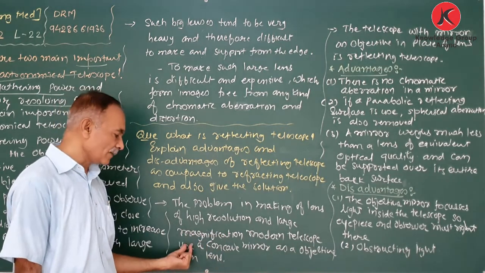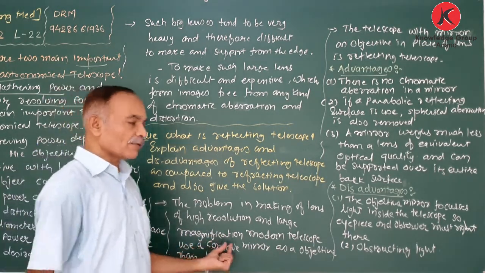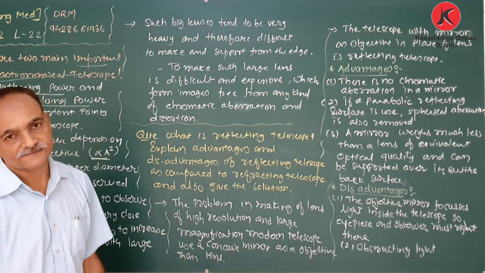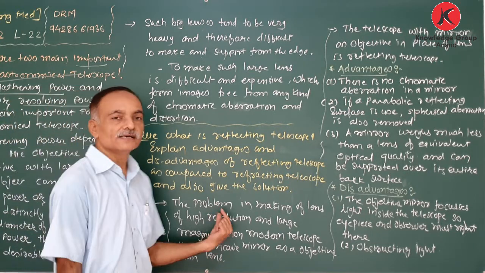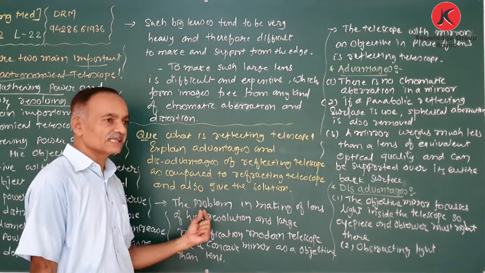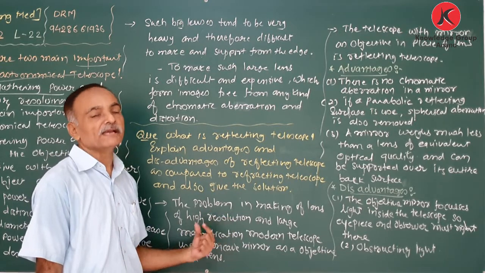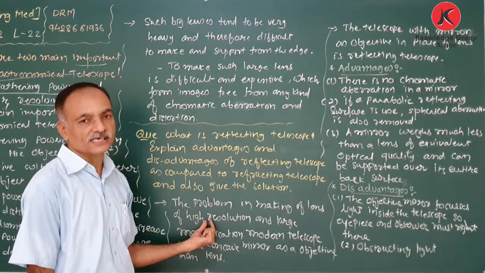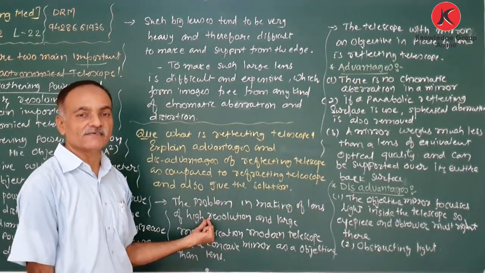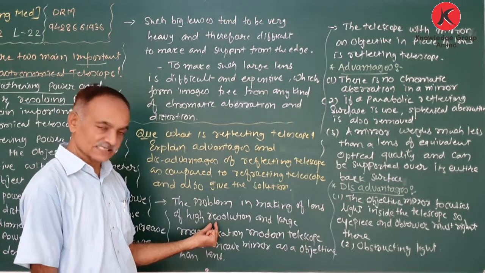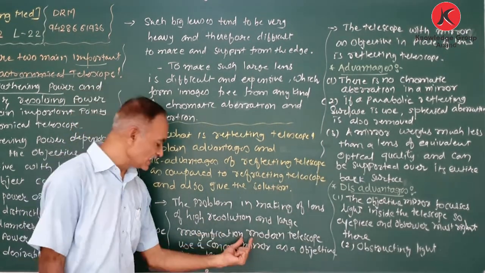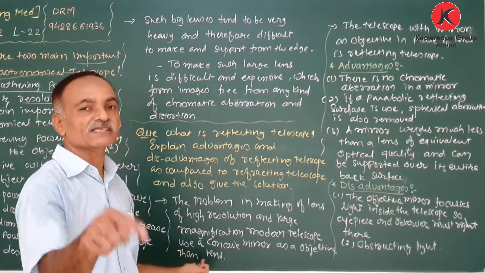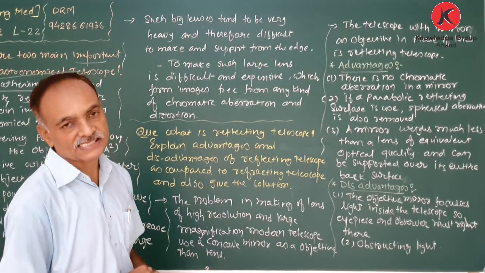To increase the magnification and also the resolution, the diameter of the lens is required to be very large. But here the problem arises, and due to that reason, in modern telescopes a concave mirror is used as the objective instead of a convex lens.